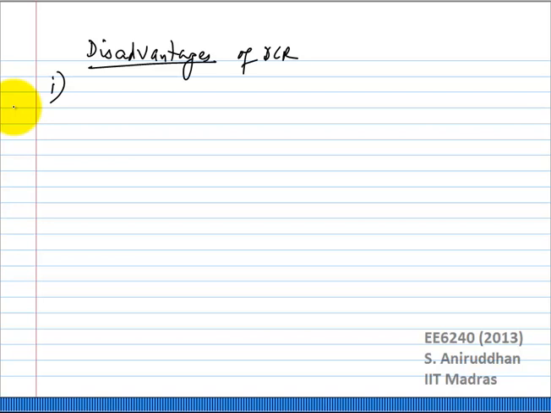Huh? 1 over F noise, very good. Okay. 1 over F noise of what and where? Does the 1 over F noise of the LNA matter? LNA doesn't matter.